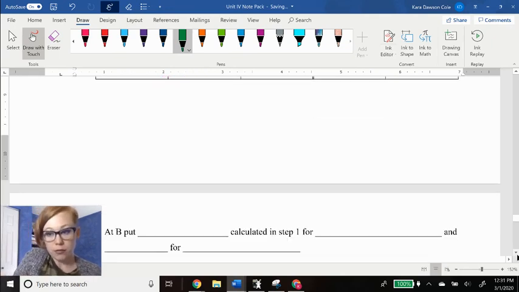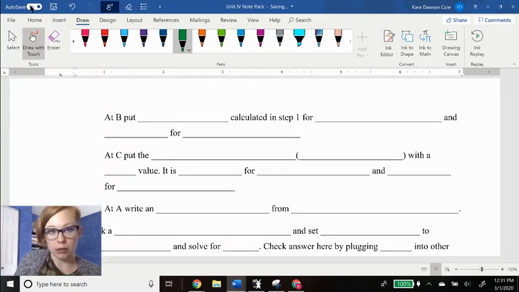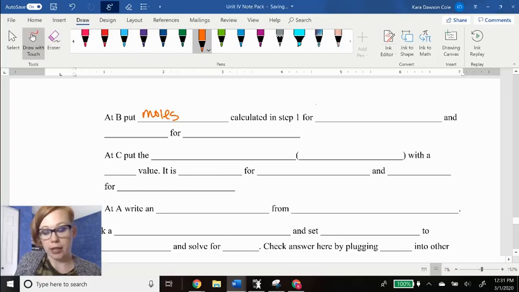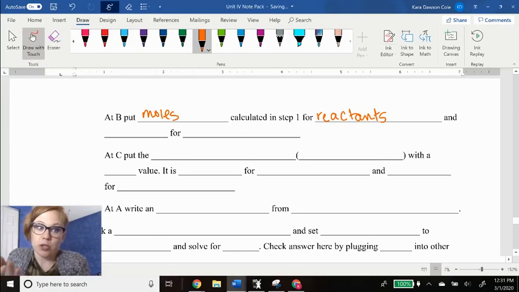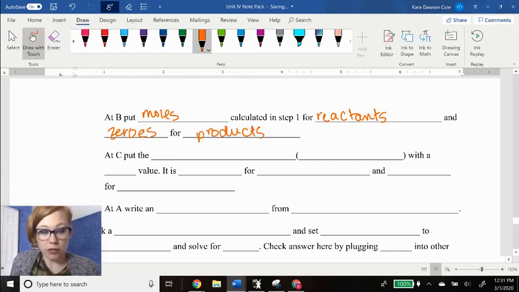So at B, you are putting the moles that you calculated in step 1 for the reactants. If that's the only thing that I have in the beaker at the start, then my reactants are the only thing that I have. So I'm going to put zeros for the products, because before the reaction happens I don't have any of my products.